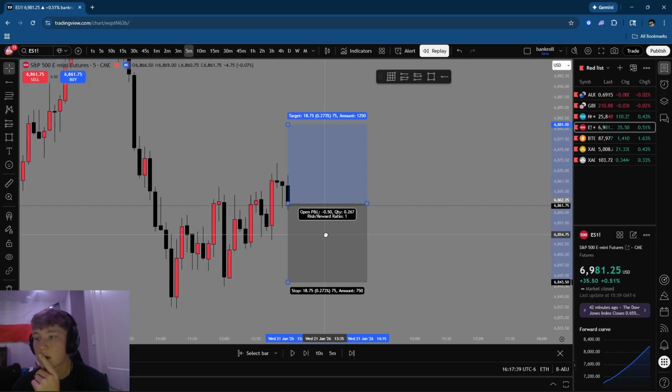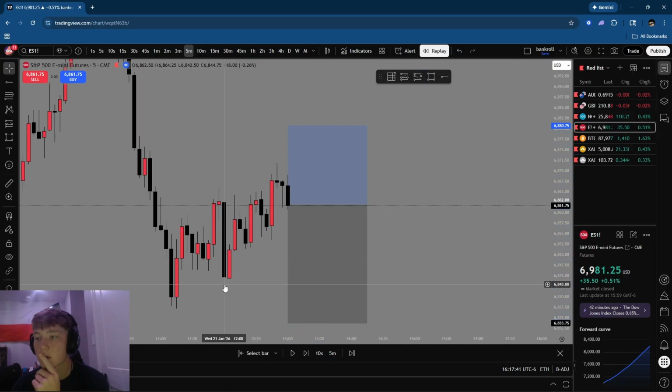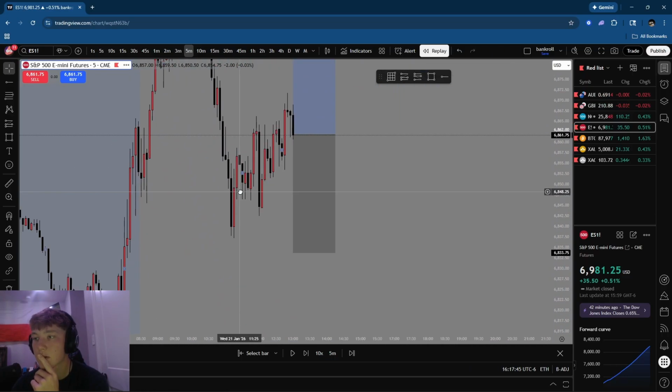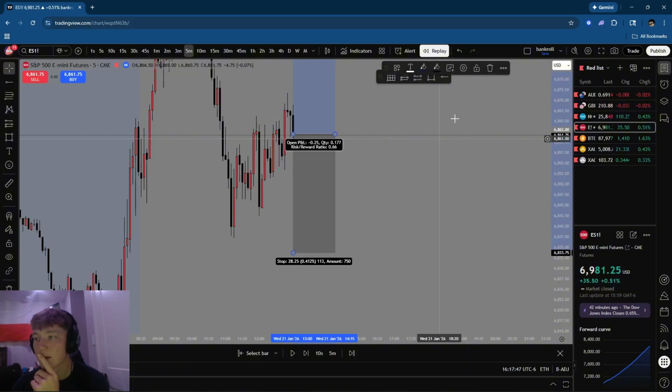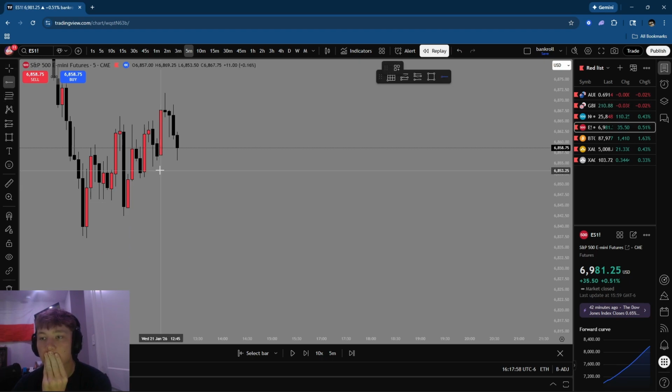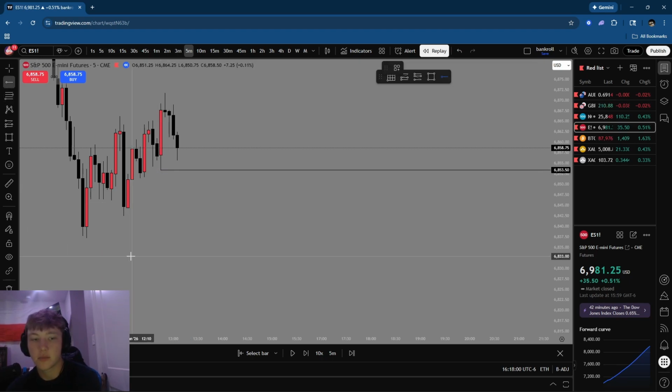Yeah, put it in right here, below these lows. Actually, that kind of looks bearish. Wait, that doesn't look good. I can't think we're gonna take out these lows. Look at all these lows, bro. We want to take out these lows.